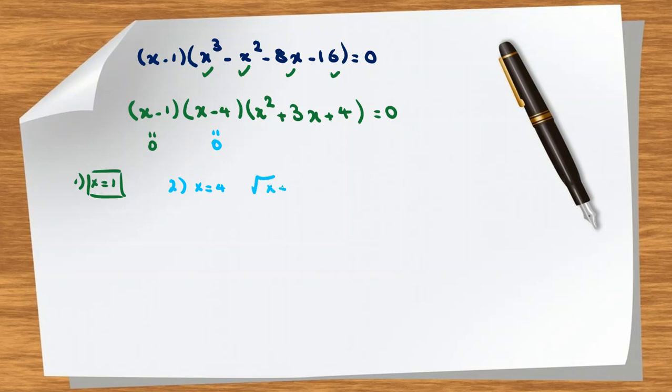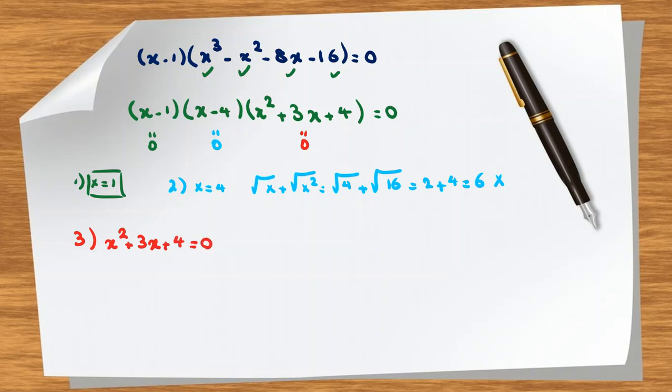Then root x plus root x squared equal to root 4 plus root 16 equal to 2 plus 4 is 6, which is bad. So it's not our answer. And third case. In the third case, if this one is 0, let's write x squared plus 3x plus 4 equal to 0.